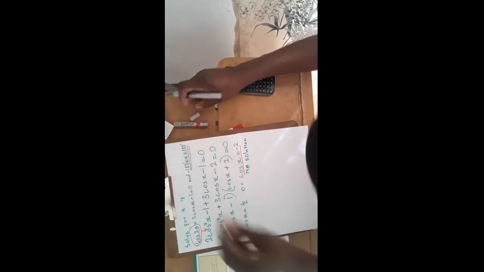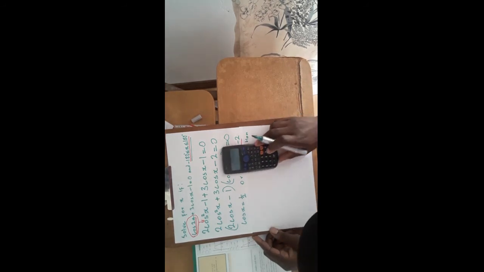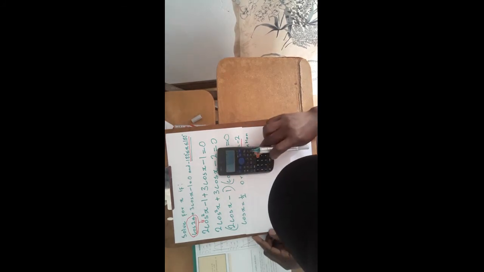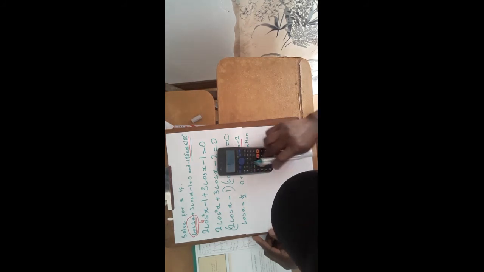And then for cos x equals to 1/2, we use our calculator to find the reference angle. Right, to find the reference angle, we punch shift cos, then we write 1/2, and then equals to. Therefore, our reference angle is 60.